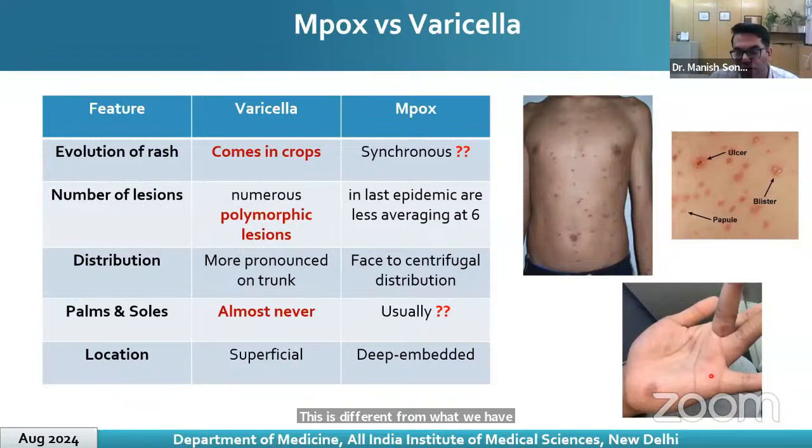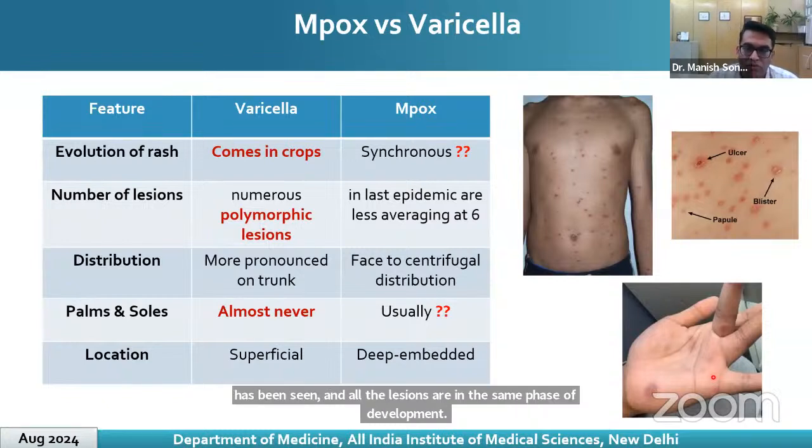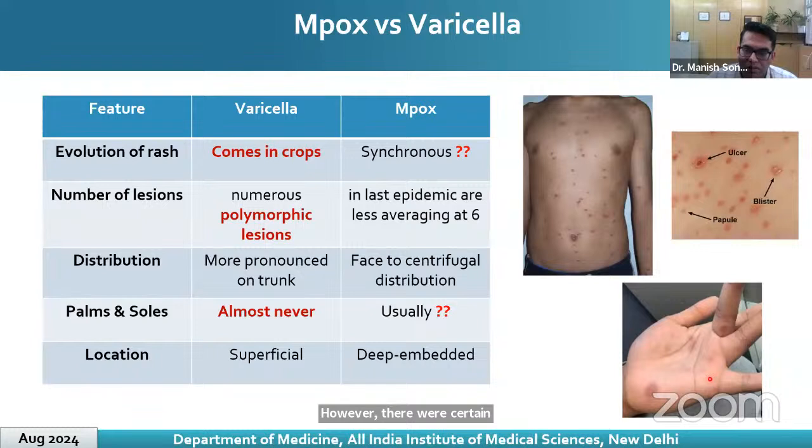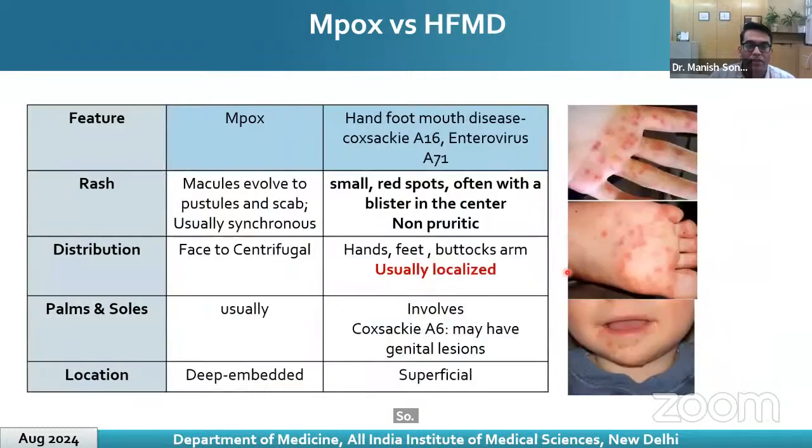Palms are frequently affected. Classically in Mpox, all the lesions are in the same phase of development. However, there were certain discrepancies seen in the 2022 outbreak, when it was again in multiple stages of development, but classically it has been in a synchronous single phase, a single stage of development, and it spreads in a centrifugal direction. So this is how we need to differentiate varicella from Mpox.